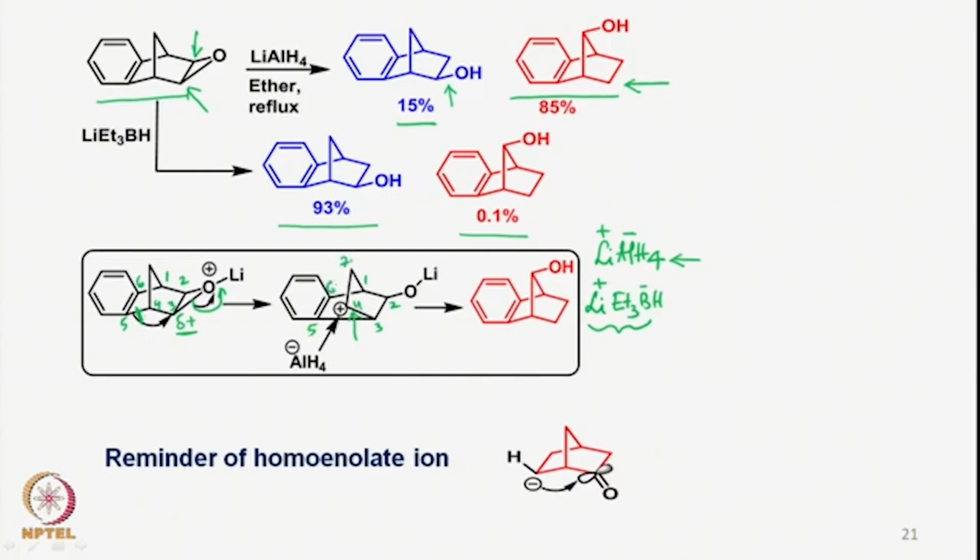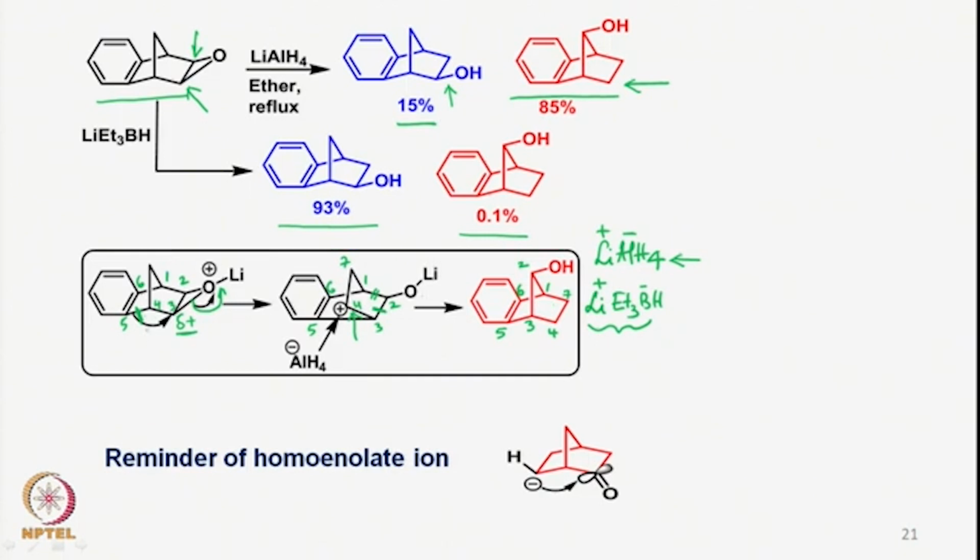Now, if you look at the same position here, you have 1 here, then we have 2 here, then 3 here, then you have 4 here, then 7 here, and then this is 5 and this is 6. So, that is how the bridge that has formed is basically this part here, which is 1, 2, 3. This is how it has come on the top, and then the hydroxy group is coming from here.